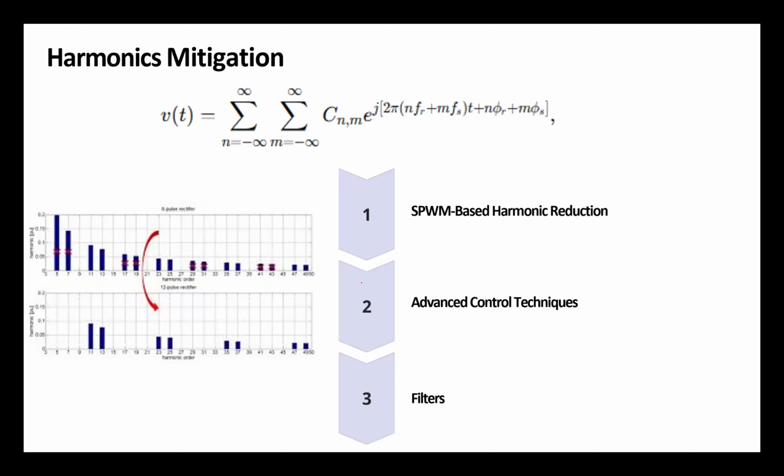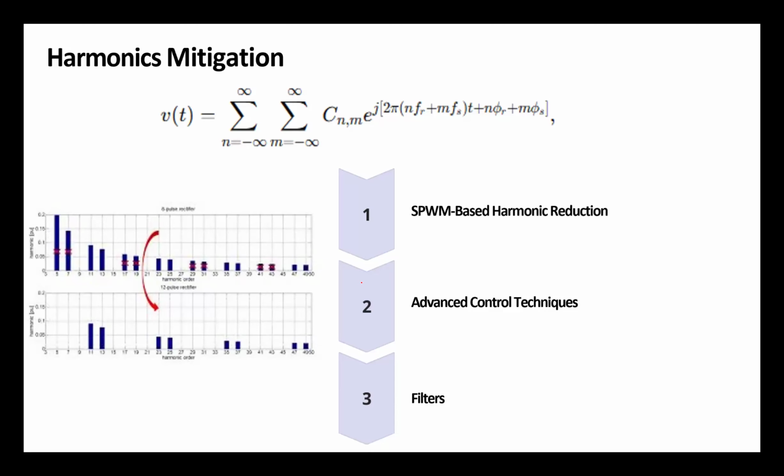Knowing that, we try to find the solution to eliminate or decrease those harmonics. One solution would be to try to manipulate the switching technique that we had.